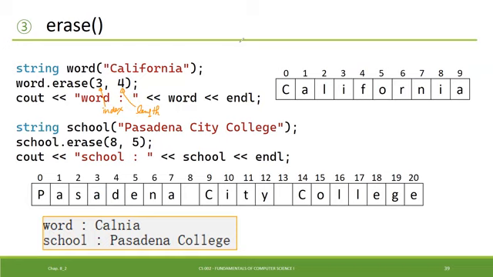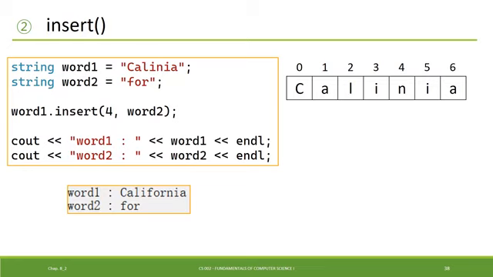Yes, Luis. You don't have to worry about the manipulation of the memory. Memory will be shrunk and expanded, shrink and grow depending on the member function. For the insert function, do I need to worry about word 1's memory? You don't have to. This is very nice because in the C string, you should always be careful with the size.